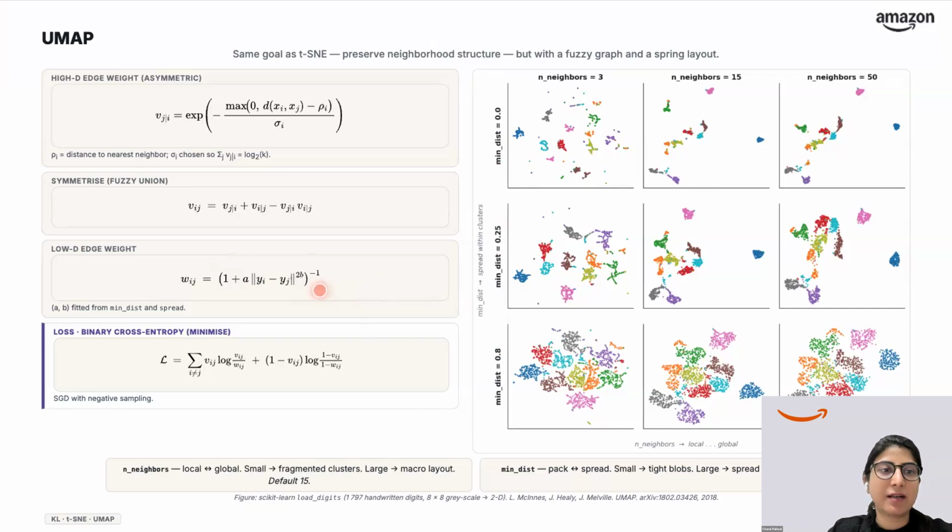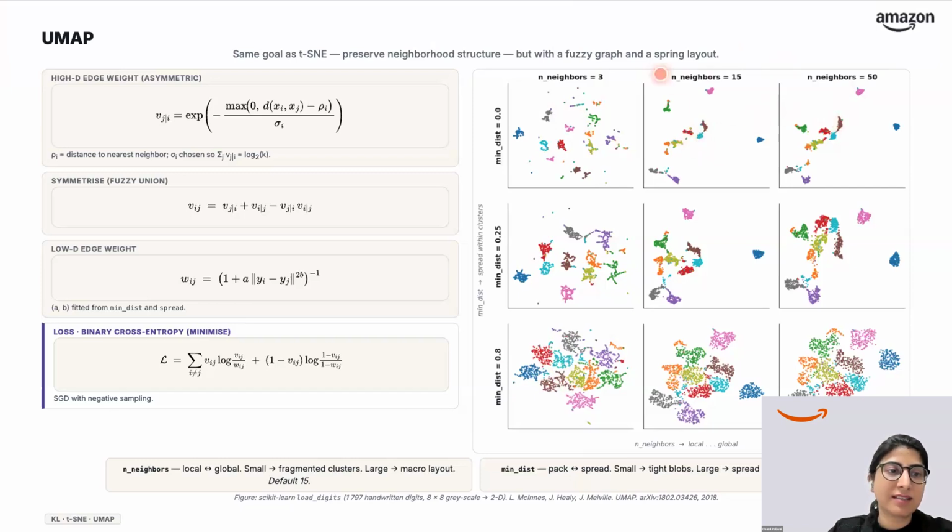And finally, you try to minimize the cross entropy between the adjacency matrices V and W. So here you have two hyperparameters that you can play with while trying to visualize the data. One is the distance, where you get a more scattered sort of visualization. And the other is the number of nearest neighbors.